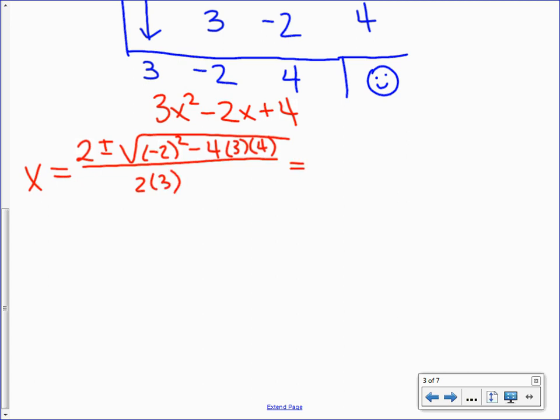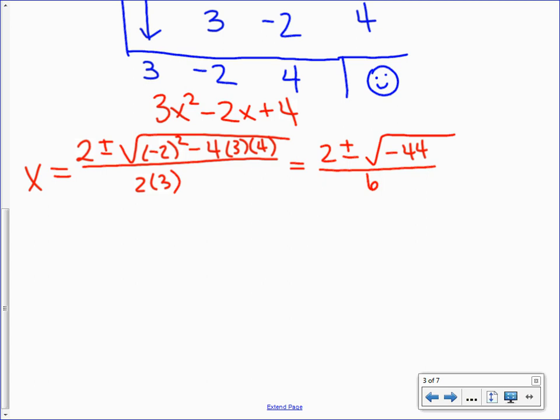Okay? What do I have under my radical? We have 4 minus... which is negative, right? Okay.